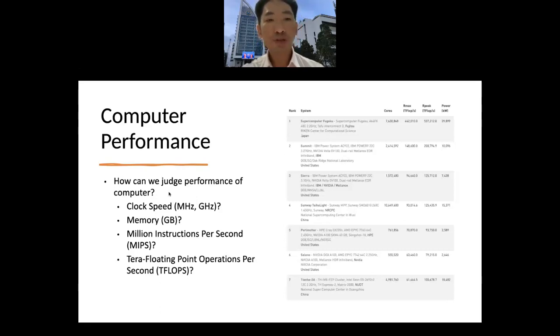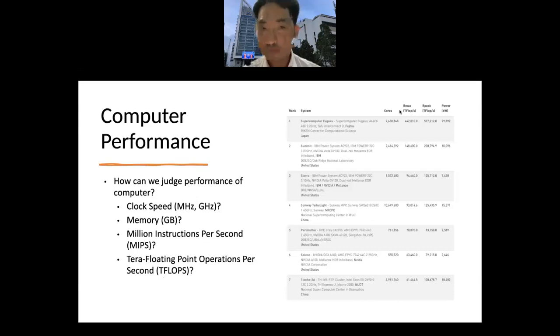How can we judge the performance of a computer? Can we use the clock speed in terms of megahertz or gigahertz? Or can we use the amount of memory? Or we use the MIPS? MIPS means million instructions per second. Or can we use the teraflops? Teraflops is tera floating point operations per second.